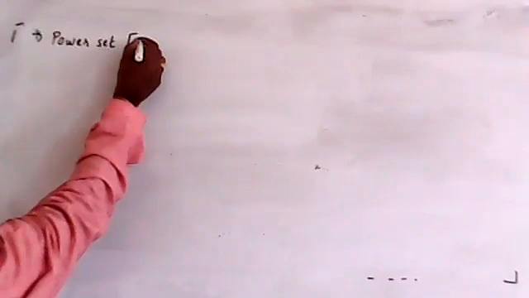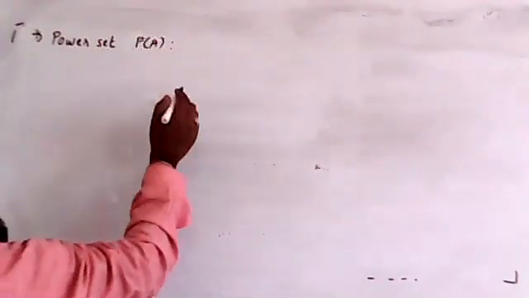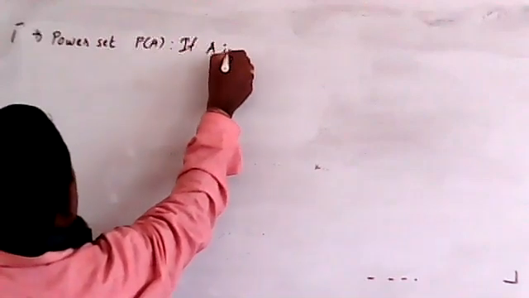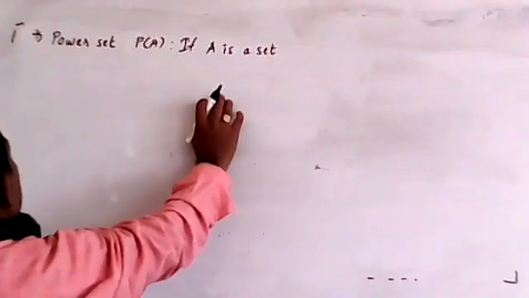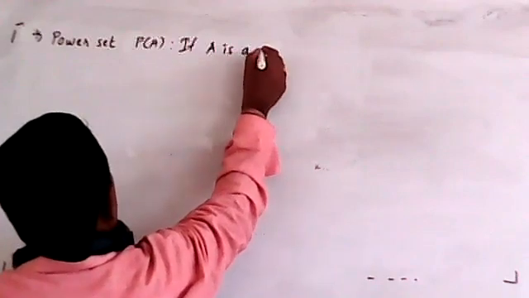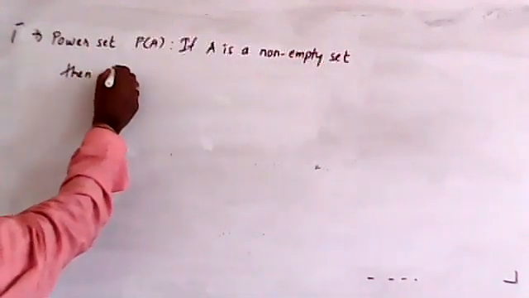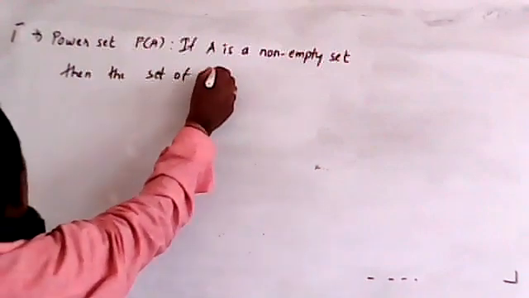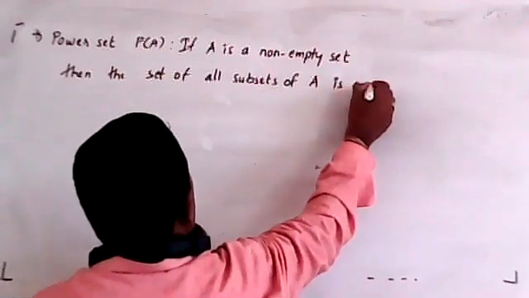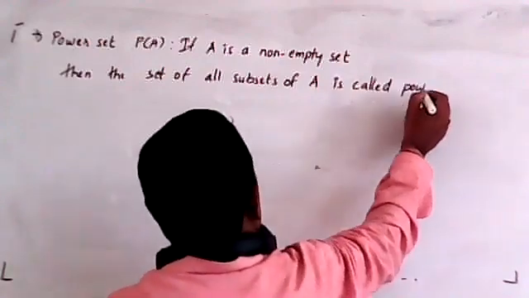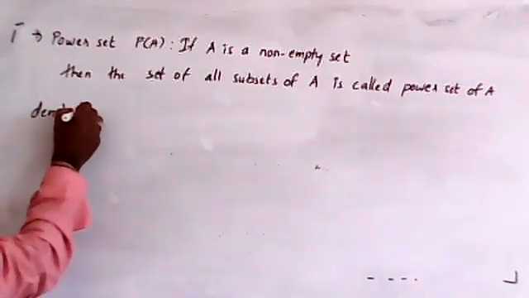I will usually denote it as P of A. If A is a non-empty set, then the set of all subsets of A is called the power set of A, denoted as P of A.